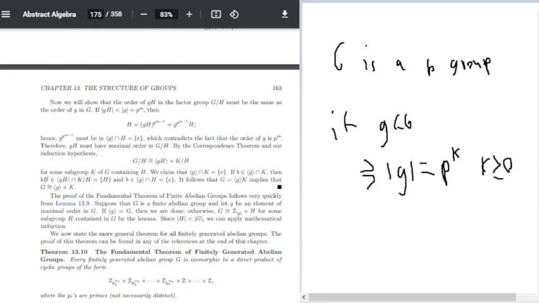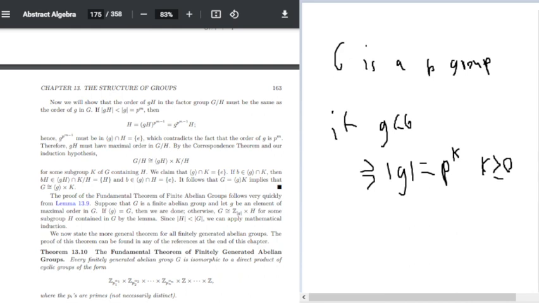Therefore, gH must have maximal order in G over H. By the correspondence theorem and our inductive hypothesis, G over H is isomorphic to the cyclic group generated by gH times K over H for some subgroup K of G containing H.